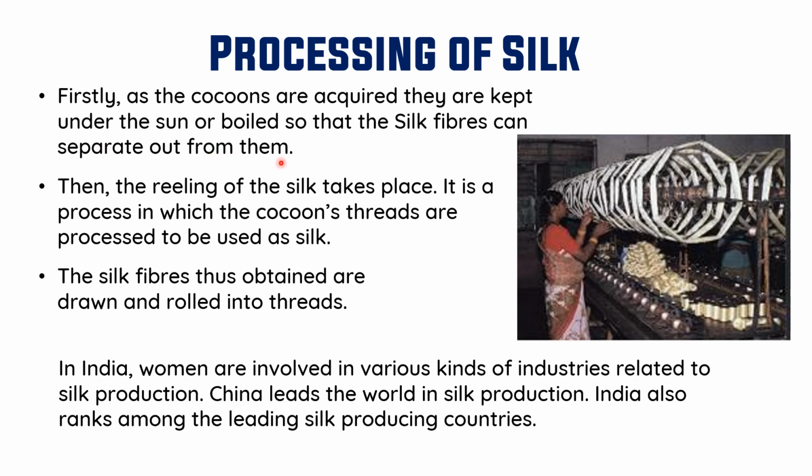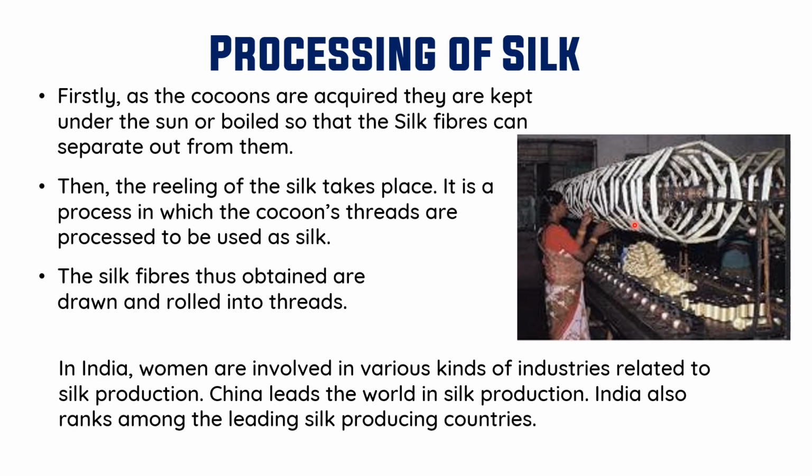In this picture you can see the cocoon. The cocoon is the outer covering of the pupa, and it doesn't contain any worm, only the outer covering. From this outer covering we can make the silk fiber.